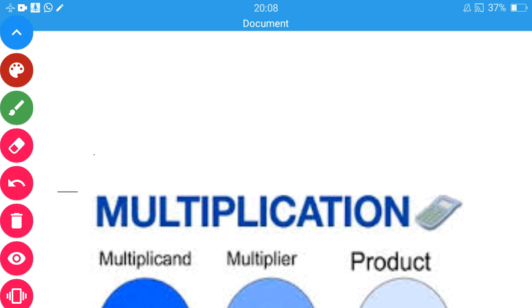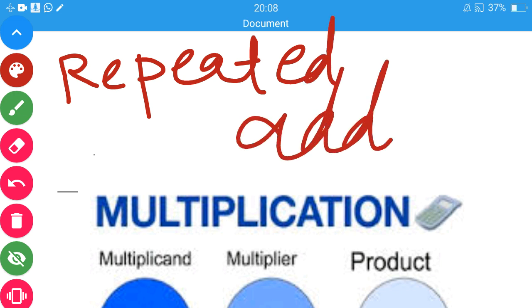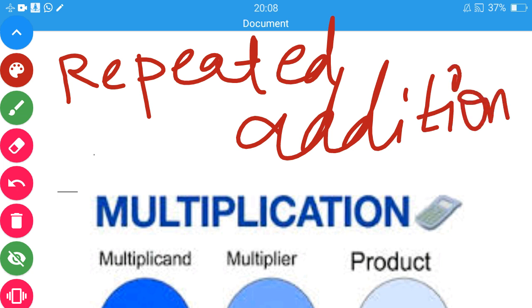Repeated addition is termed as multiplication. What is multiplication? Repeated addition. Okay? So let us understand this repeated addition.